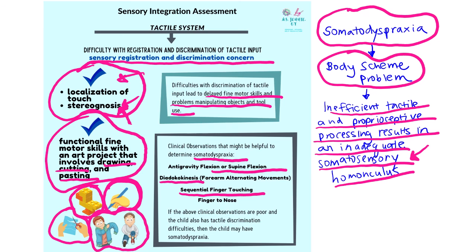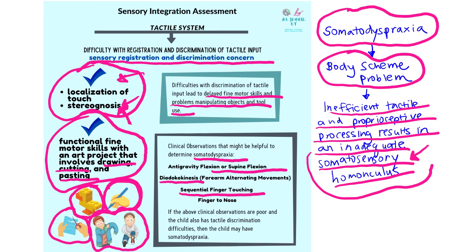Students with somatodyspraxia will need to look at their hand in order to complete this task, because they don't know where their thumb is compared to where the other fingers are, right? Because of that inadequate somatosensory homunculus again.